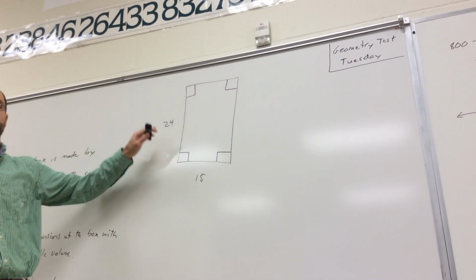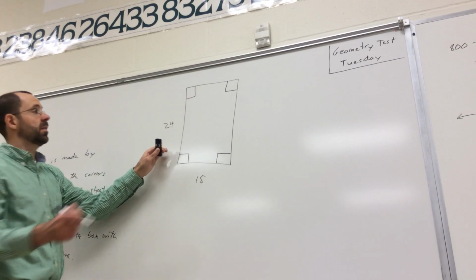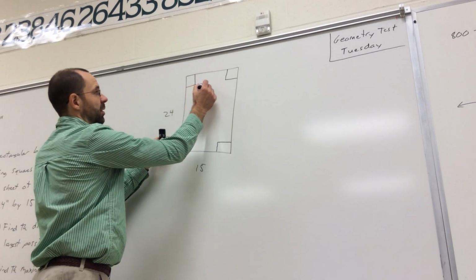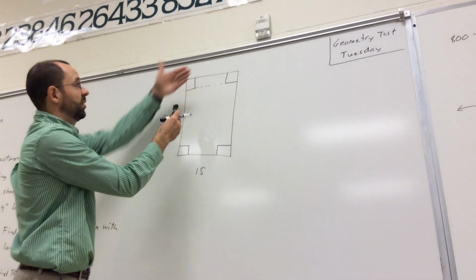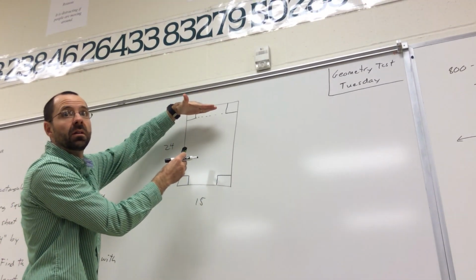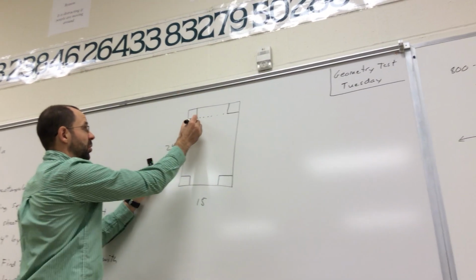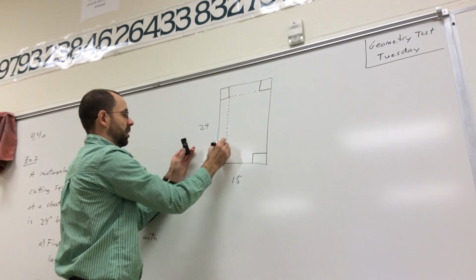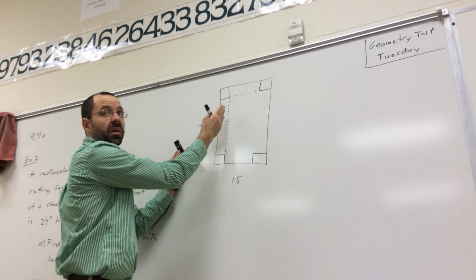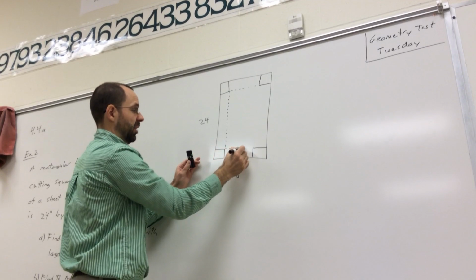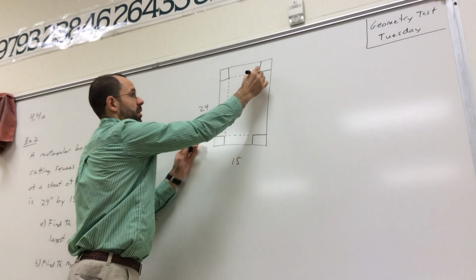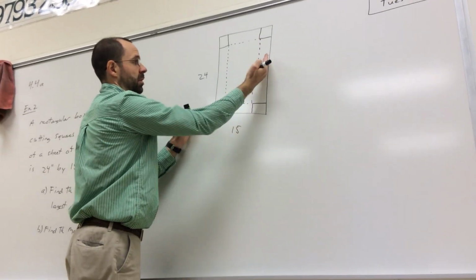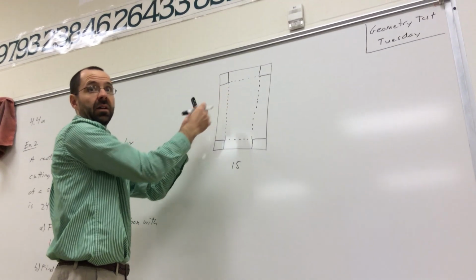So then that's cut out. Then if you fold this flap up and fold this flap up, down here too, and on the side, then you get a box.